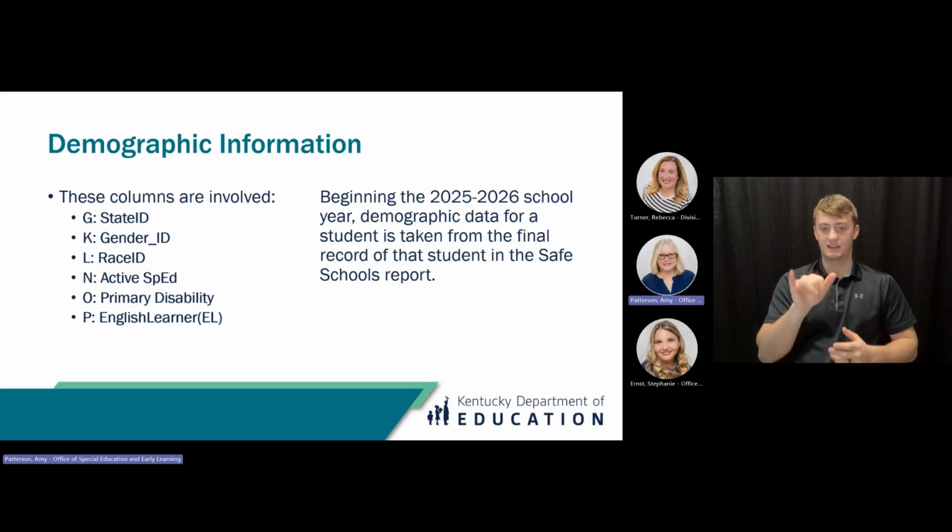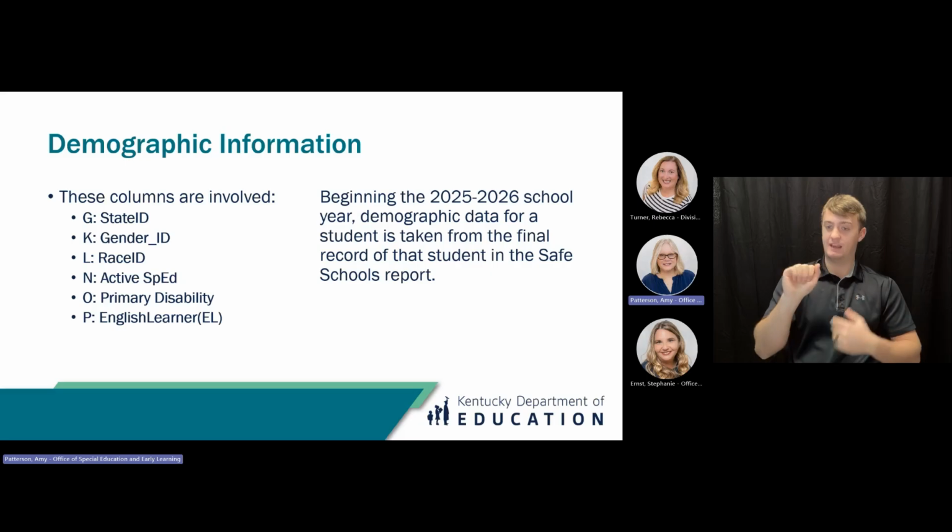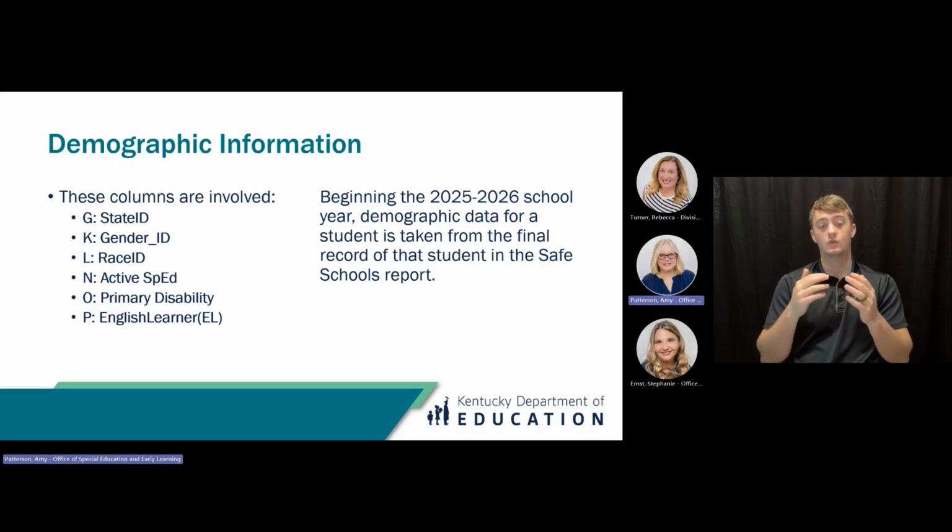These are the columns that you're going to want to look at. These are the student information columns that we report. We report the student's SSID, the gender, the race, whether or not the student has an active IEP, the primary disability of the student, and whether or not the student is an English learner.